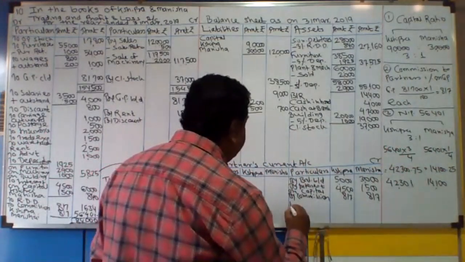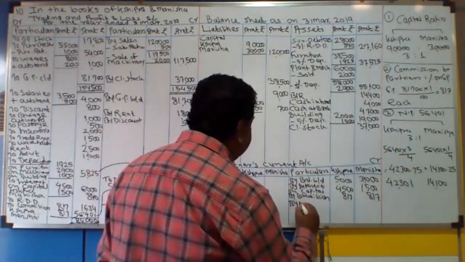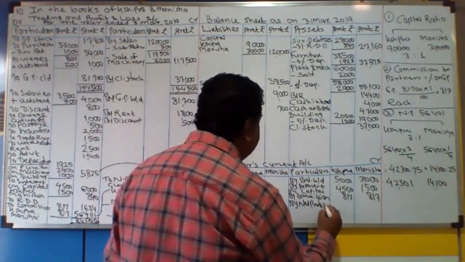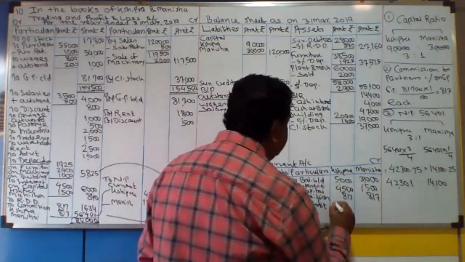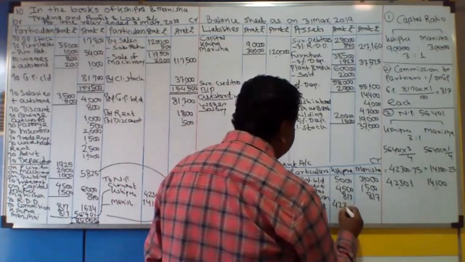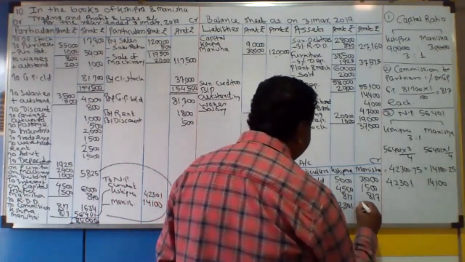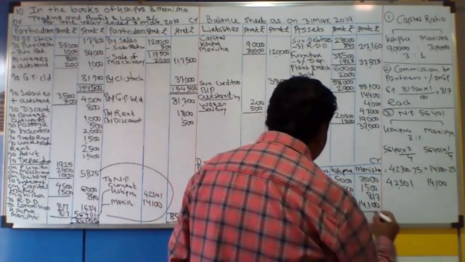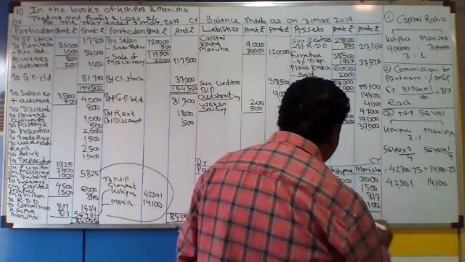And to be recorded to current account credit as by net profit. Actually, you should write by profit and loss account because this is the entry. Even if you wrote net profit, it will be fine. By net profit.